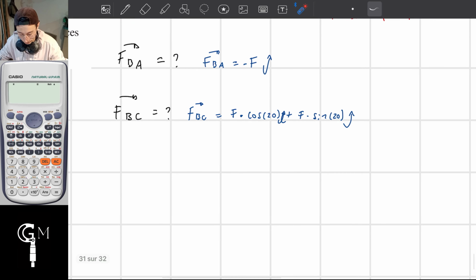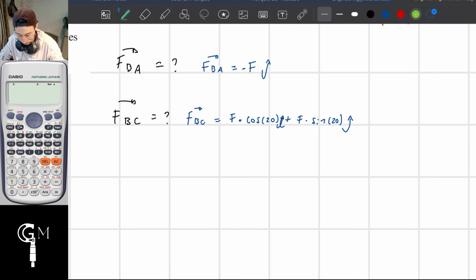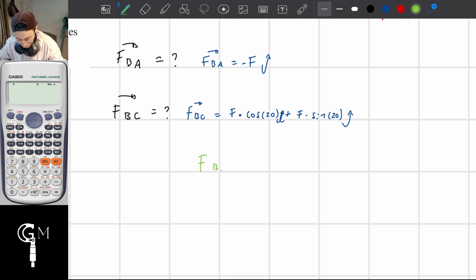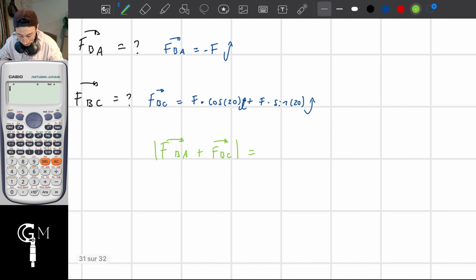Now, because of that, I'm going to write down in green that FBA plus FBC, the summatory of those two, is equal to F cosine of 20 along the i direction plus F times the sine 20 minus F along the j direction, right?